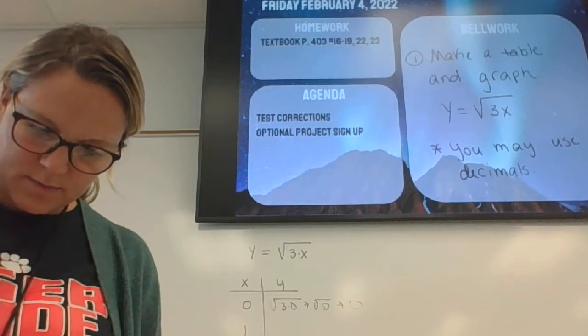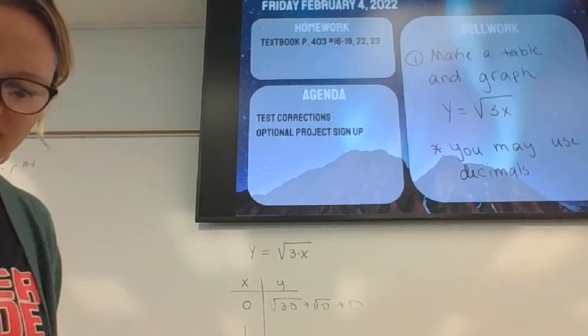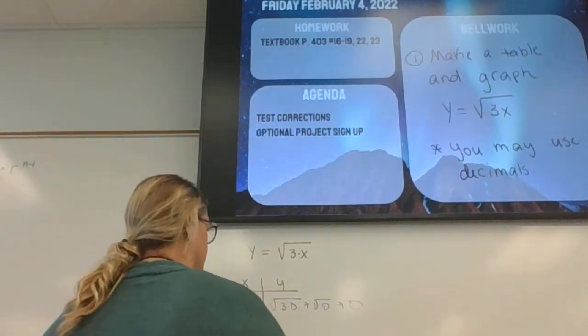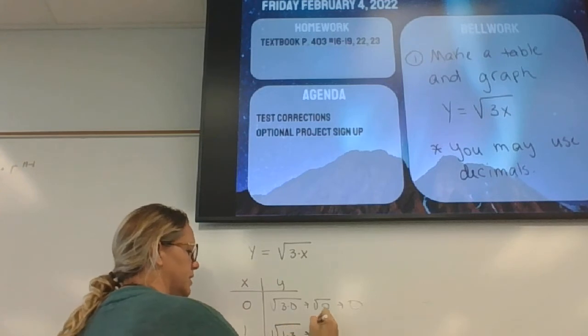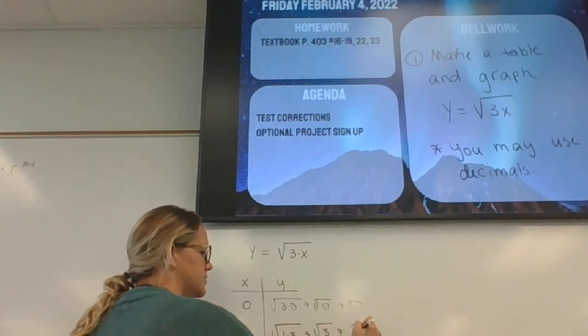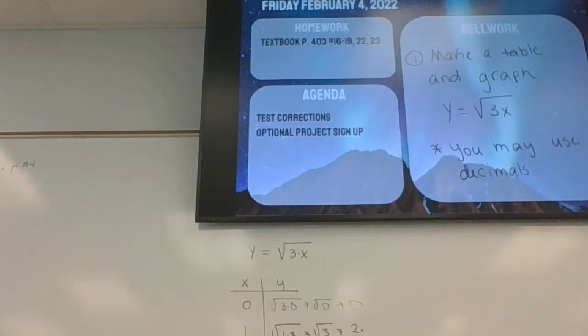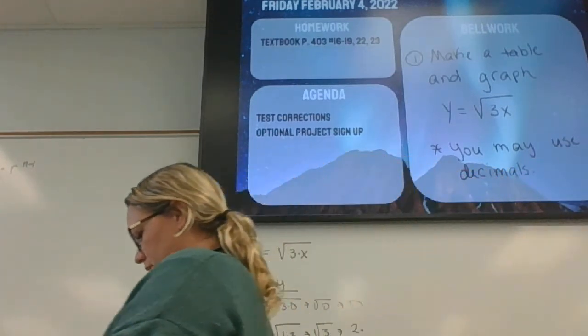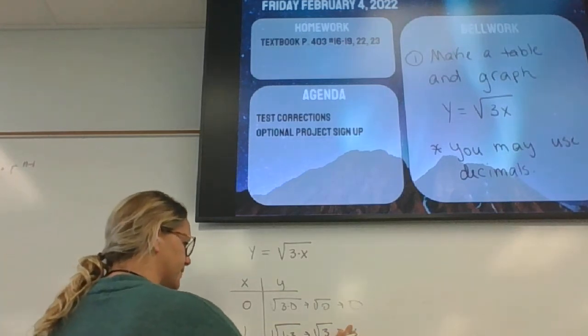You want us to grab this table that we're doing right now? Yeah. Alright. The square root of 1 times 3 is the square root of 3, which is 1 point. Square root of 4 is 2, so square root of 3 is less than 2. It's 1.73.